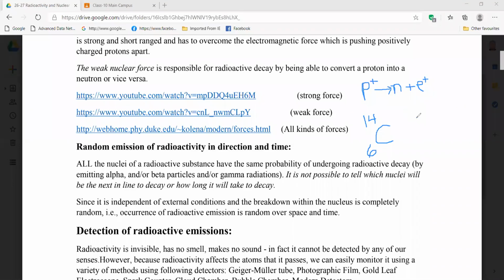You see, this 6 is showing you the atomic number. Atomic number means proton number. So the number of protons here is 6, right? And the number of neutrons, how many? Because 14 is showing you the sum of the neutron number plus proton number. So if you subtract 6 from 14, then it's coming 8. That is your neutron number.